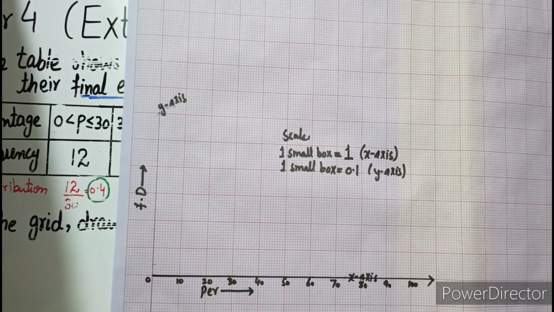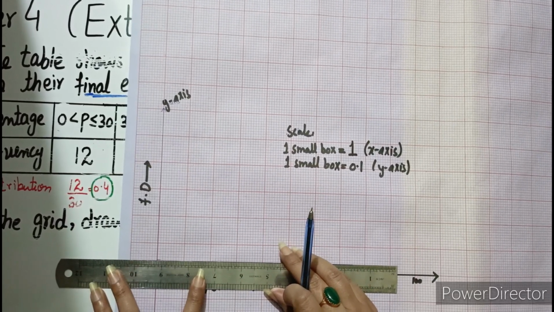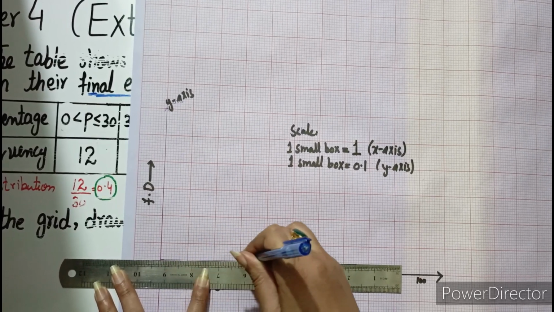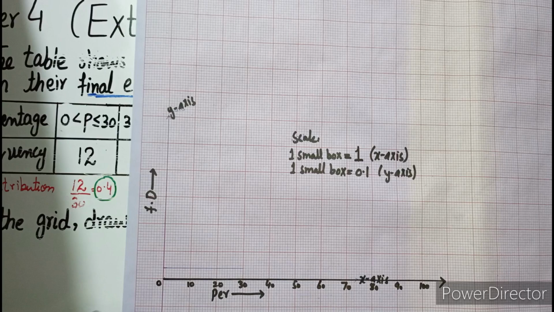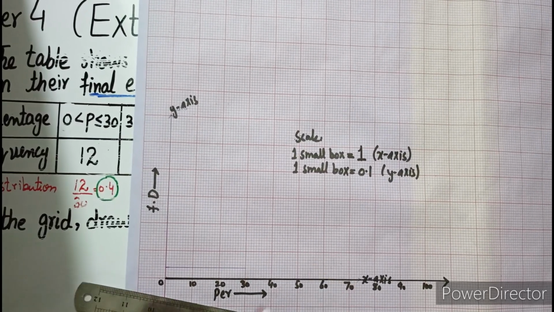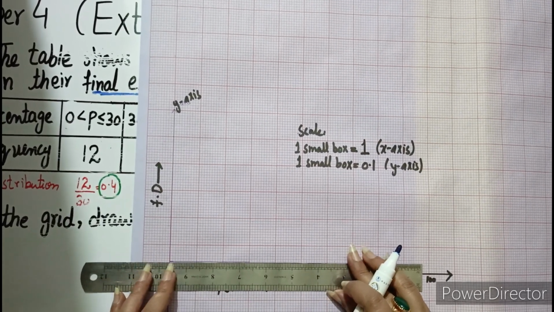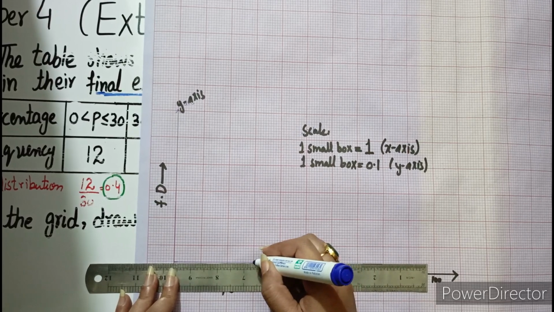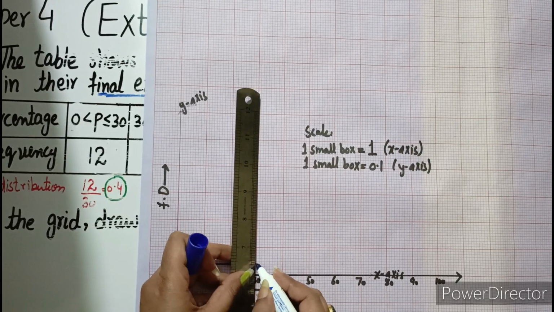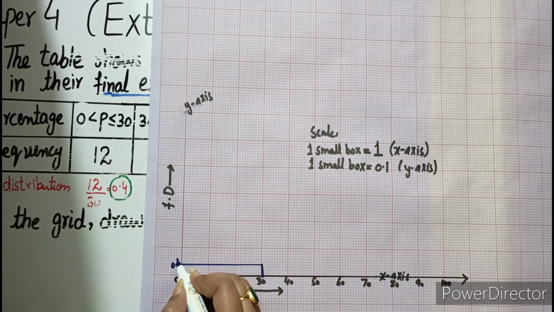It means that you have to draw the line from the 0 point this way. This is 30, while this point is 0.4.